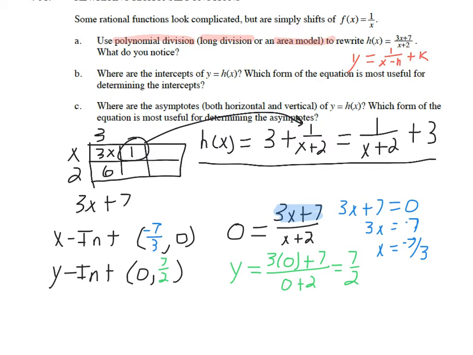The rational expression form that we have in part A is oftentimes going to be easier to use when you want to find your x and y intercepts, whereas the transformation form of the equation that we have right here in yellow is going to be easier to help you find your vertical and horizontal asymptotes.